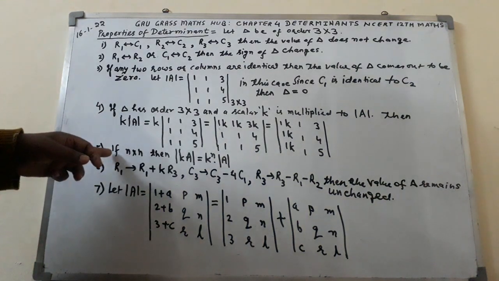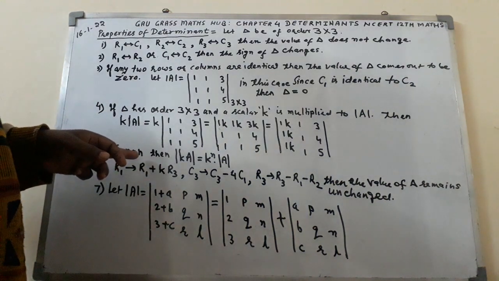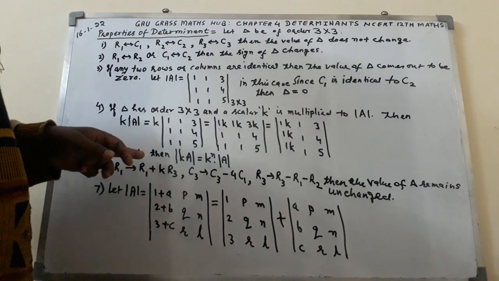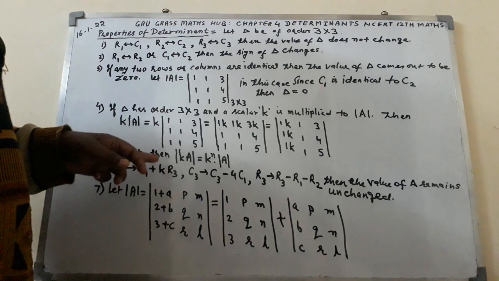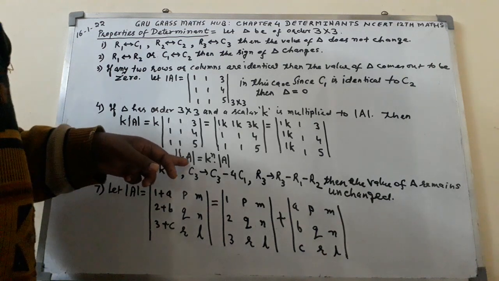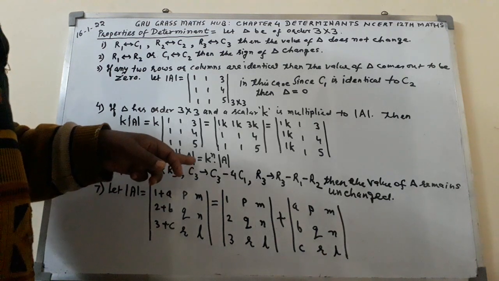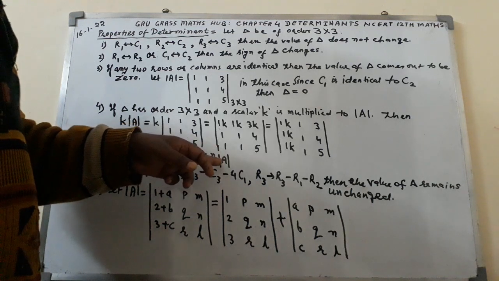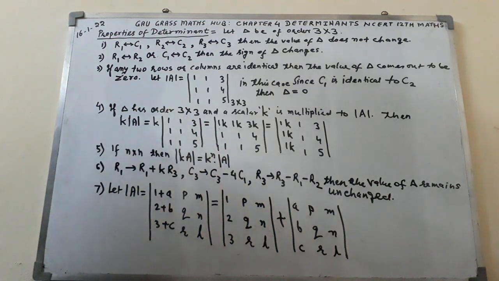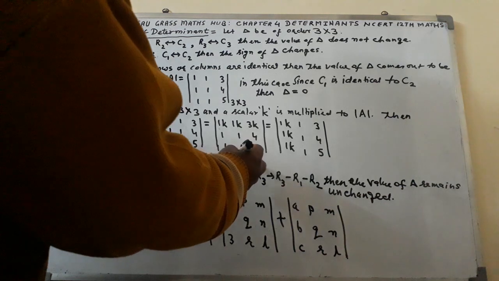Fifth property I have mentioned here, if the determinant has the order n cross n, then determinant of k times A comes out to be k raised to power n times determinant A. Here this property can be explained.